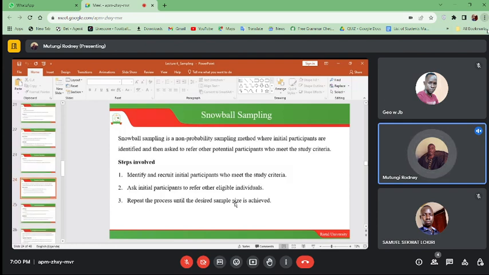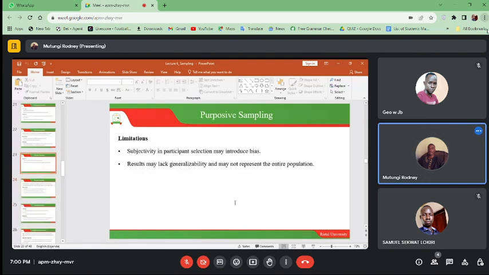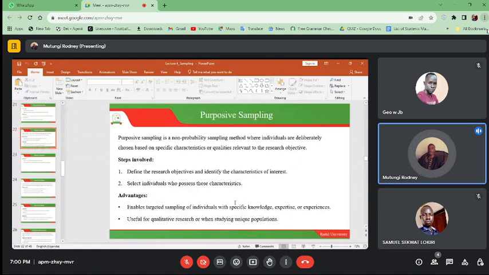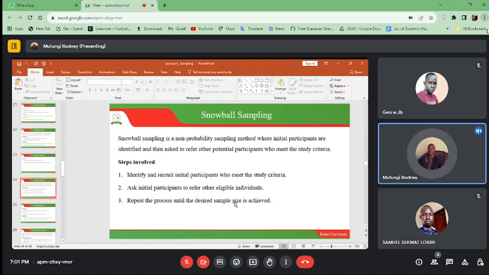Okay, so that was purposive sampling, and the first one in terms of non-probability was convenience, then purposive, and now we look at snowball. So as the name suggests, as you know what a snowball is, for those who do not know, it's a ball that rolls in ice or in snow.